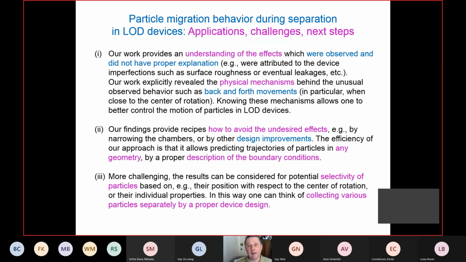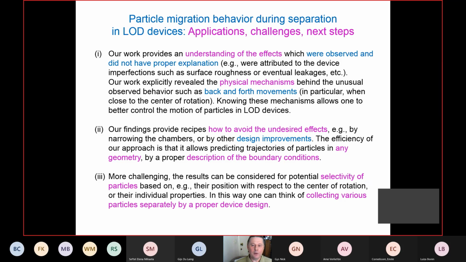So the perspectives and applications: the important application is understanding of the effect for proper analysis and design. And then we can avoid or minimize the effect which we don't like. And even more challenging, we can think not only about killing the effect altogether, but using the effect.